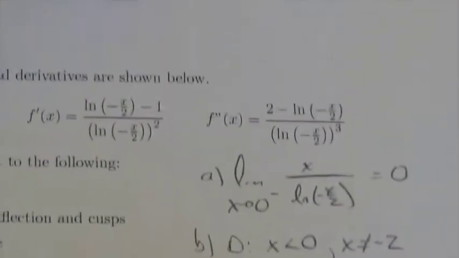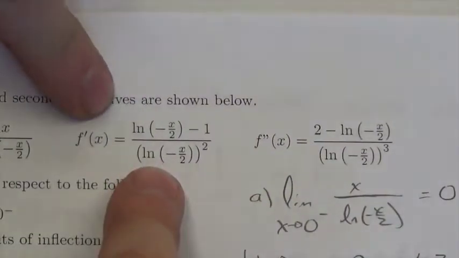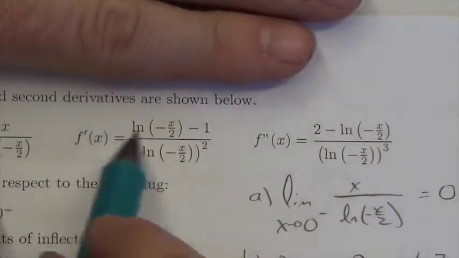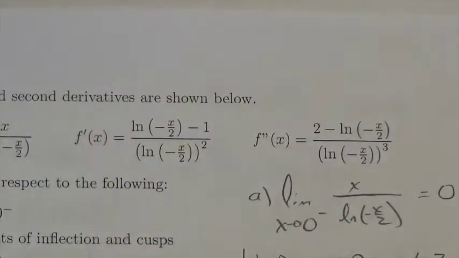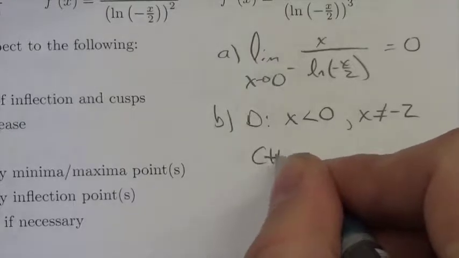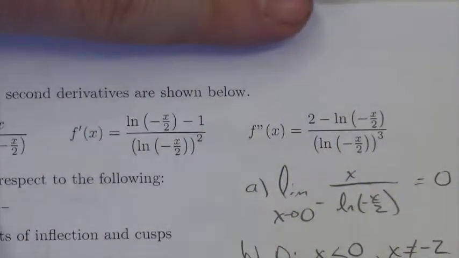It's out of my control. So let's take a look at the first derivative. I am looking at where this thing could be undefined first of all. Now, this would be undefined at negative 2, but that's not in the domain of the function, so that does not come across as a critical number. So my critical numbers have to be where the numerator goes to 0, where the whole derivative goes to 0.